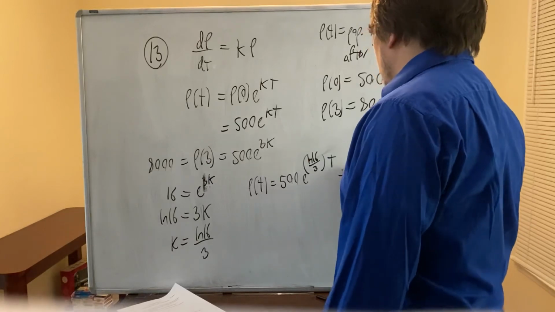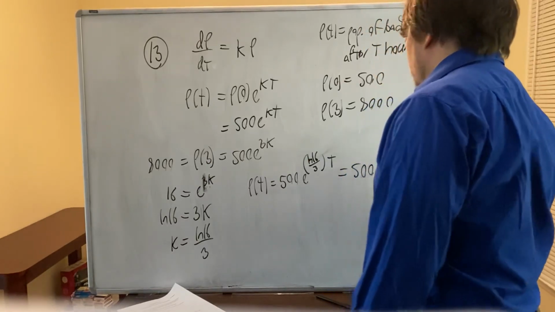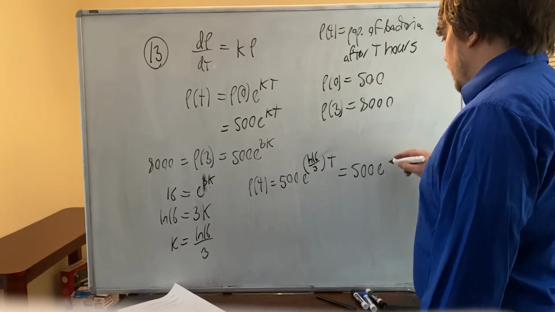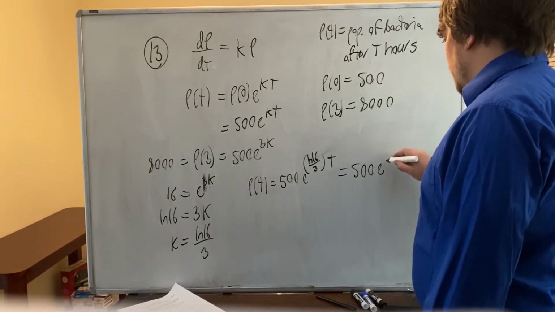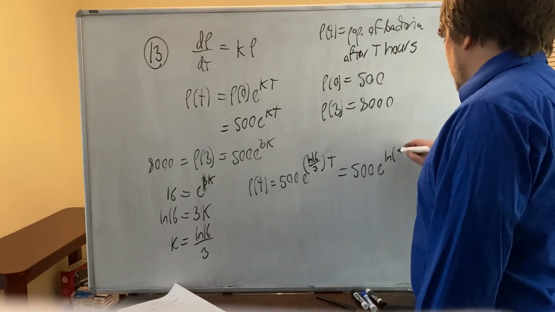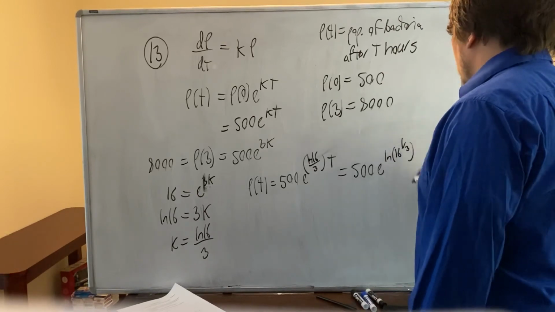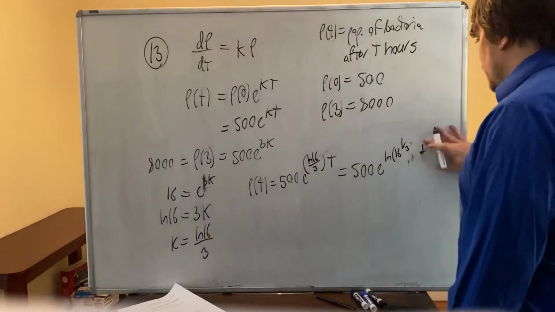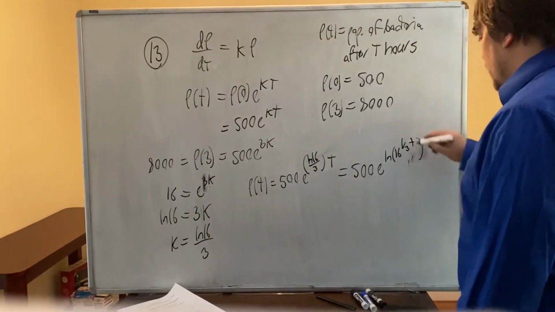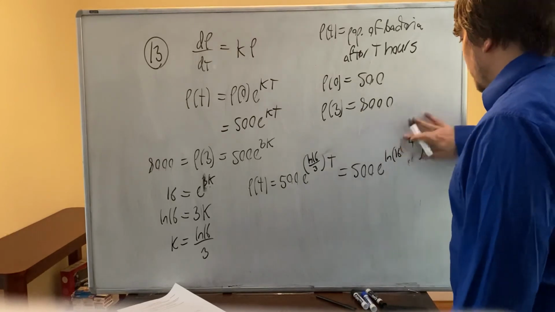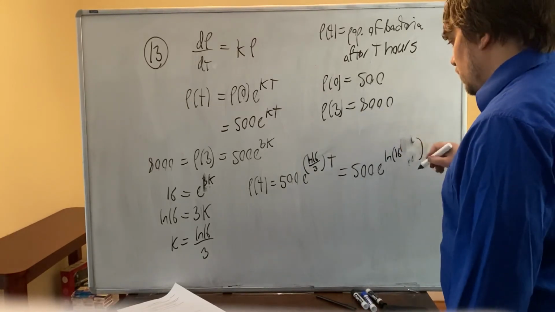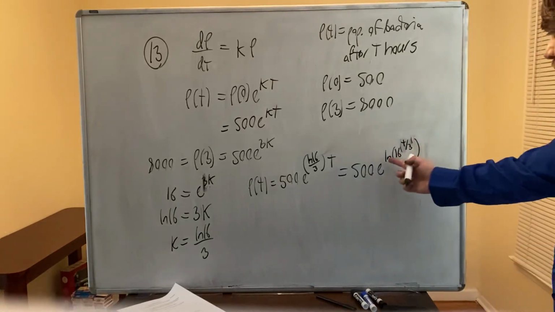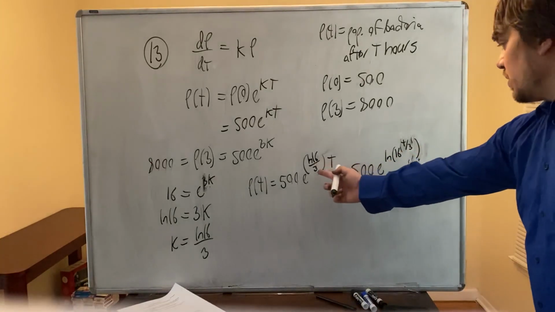You could also think of this as 500 times e to the ln of 16 to the 1/3 t, with 16 to the 1/3 t as an exponent. That's 16 to the t over 3, because then the t over 3 as an exponent of 16 could move to the front.